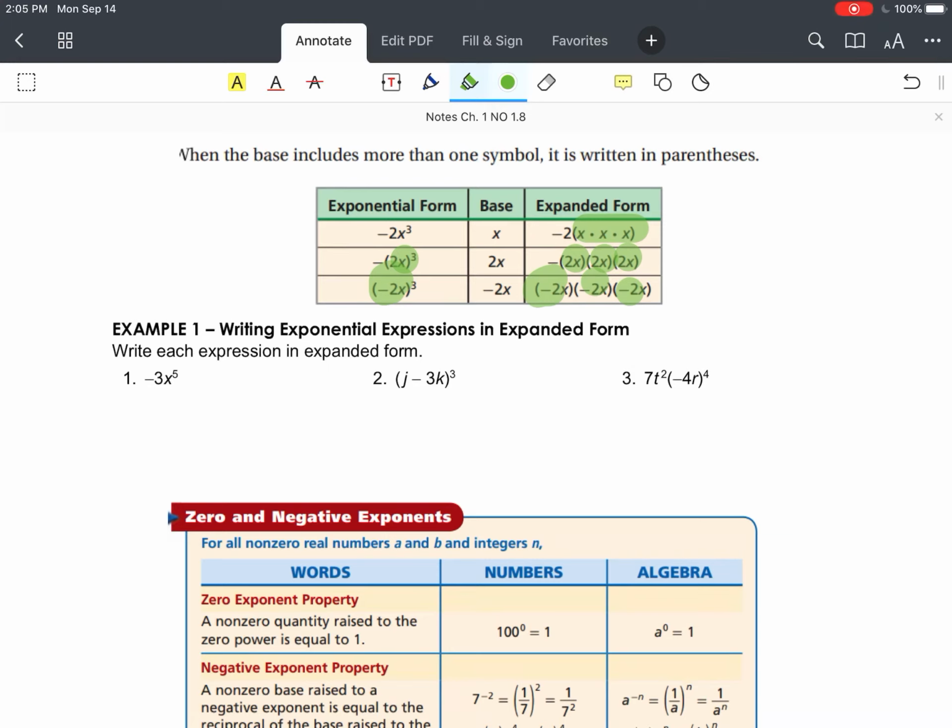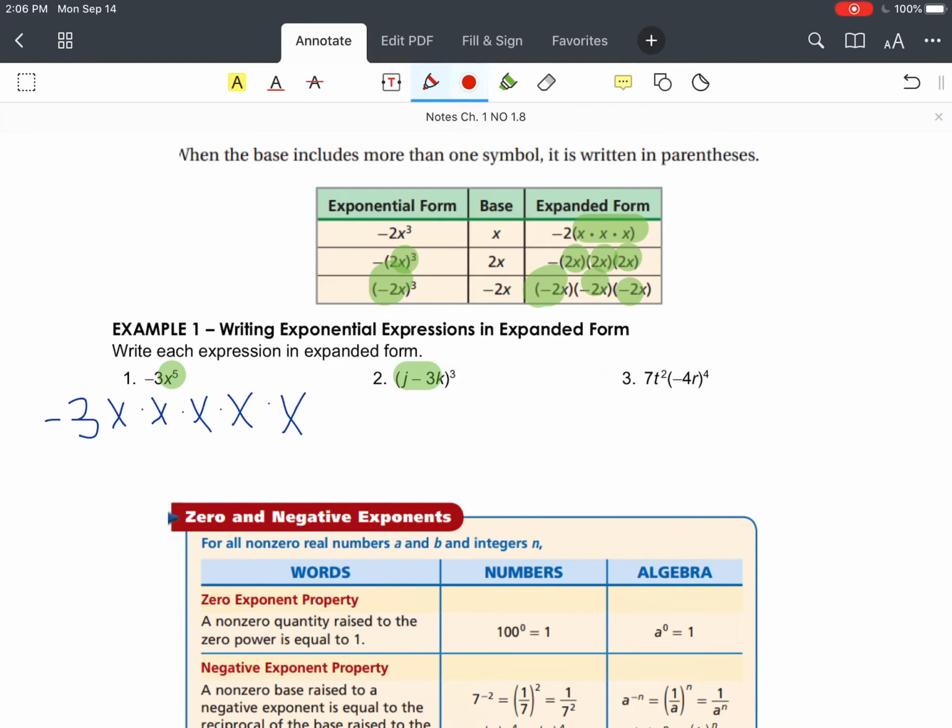So example 1, write each expression in expanded form. So number 1 here, our x is the base that's being expanded, multiplied 5 times. So I have a negative 3 out in front. That's not being raised to the 5th power, only the x's, so you have to include 5 x's there. In number 2, j minus 3k is the base. It's in parentheses and it's being multiplied out 3 times.